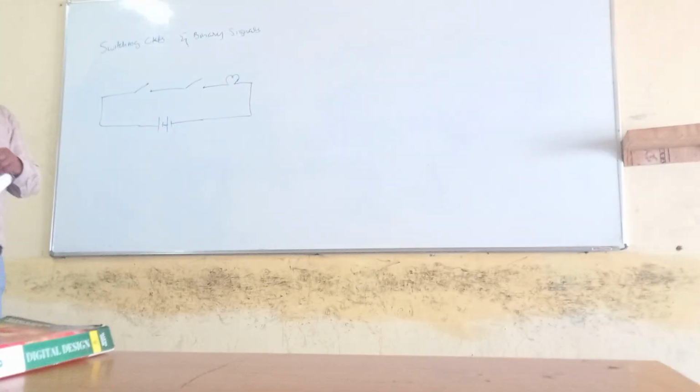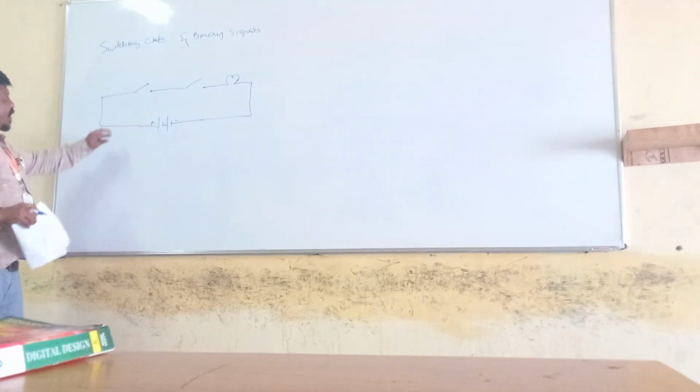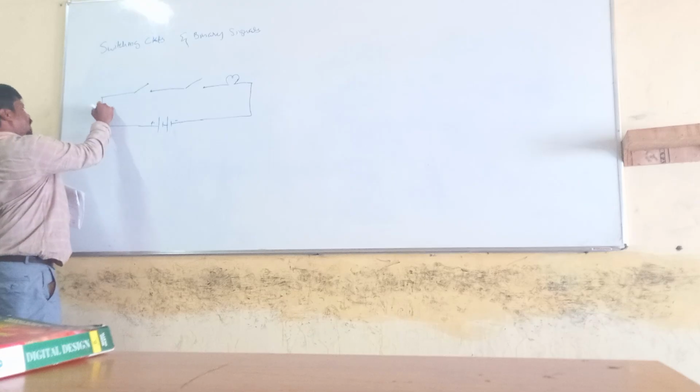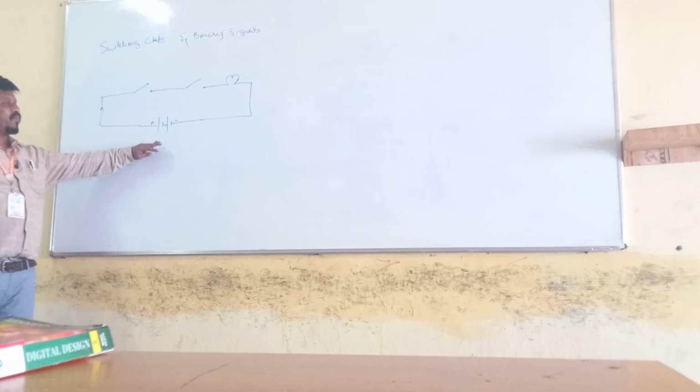If I use two cells in series, more than one cell in series form, that is considered as the battery. This is the positive, this is negative. My current is going here.